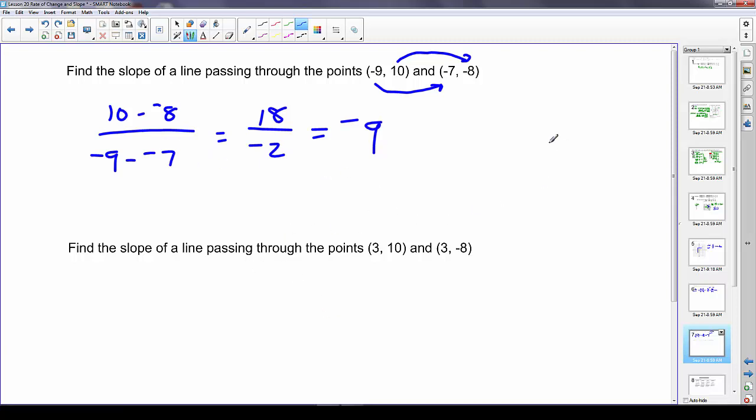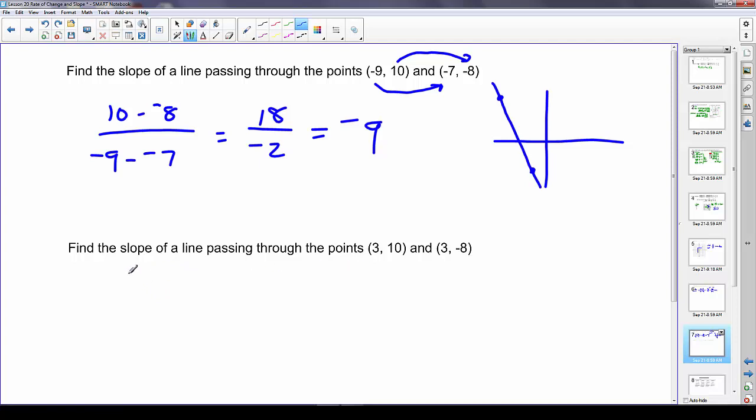And if you look at that graph, -9, 10 is somewhere up here, -7, -8 is somewhere here. It looks like when we rise and run, we're going down and over, so that makes sense to have a negative there.